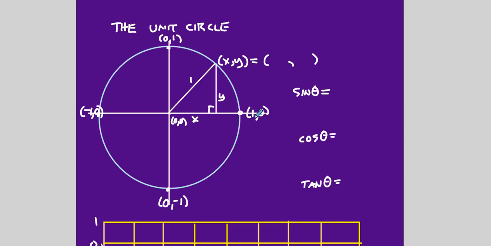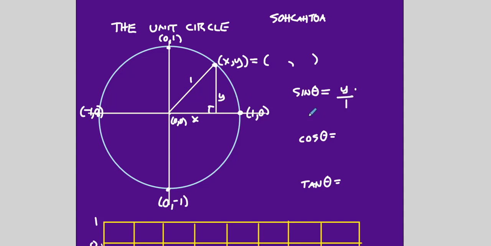So in terms of the unit circle now, remember SOHCAHTOA. In the case of the unit circle, the radius is 1. This is x, this is y, so the coordinate of this point right here is going to be x, y. Now again, sine in terms of unit circle is going to be opposite over hypotenuse, which is y over 1.